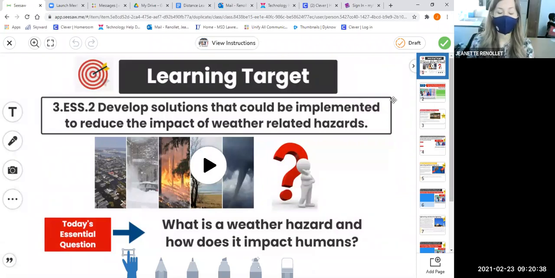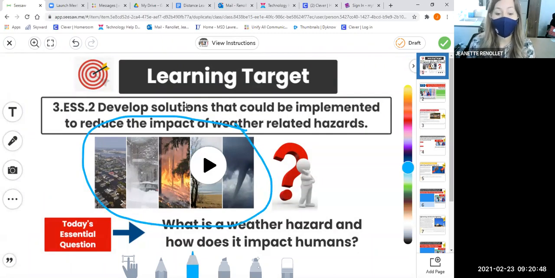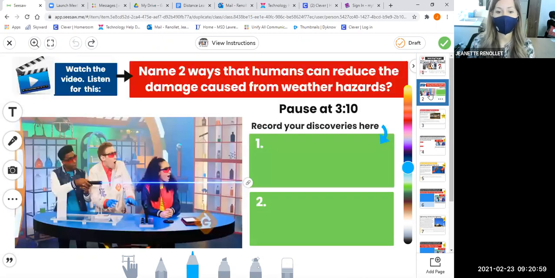Yesterday, we listed lots of types of weather hazards. We talked about these pictures here on slide number 1, how a weather hazard could be a tornado, it could be a fire, it could be a snowstorm or a flood. There are lots of different types of weather hazards.